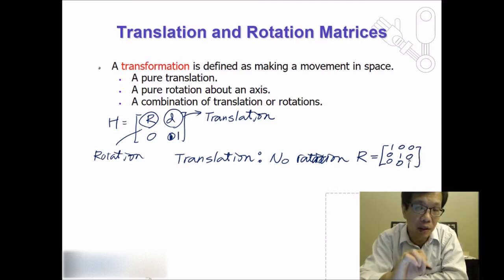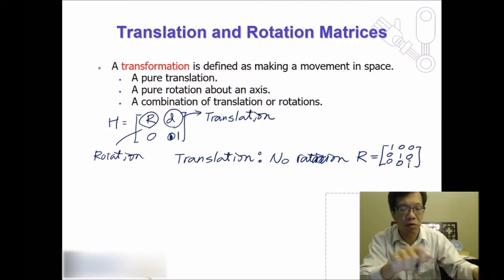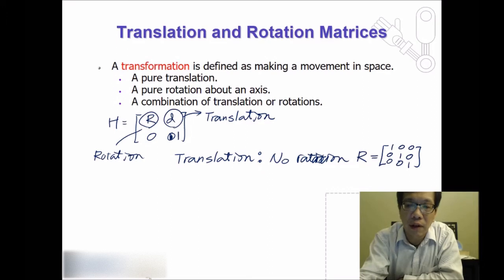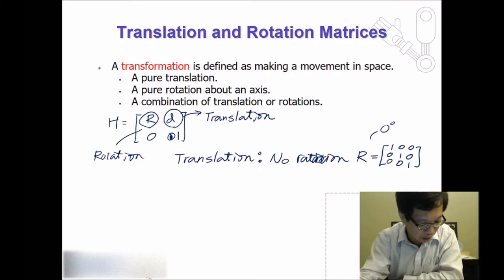What does this mean? It means that our angles along x direction, y direction, z direction, they are all 0 degree, so that we can have our matrix look like this one, which is an identity.